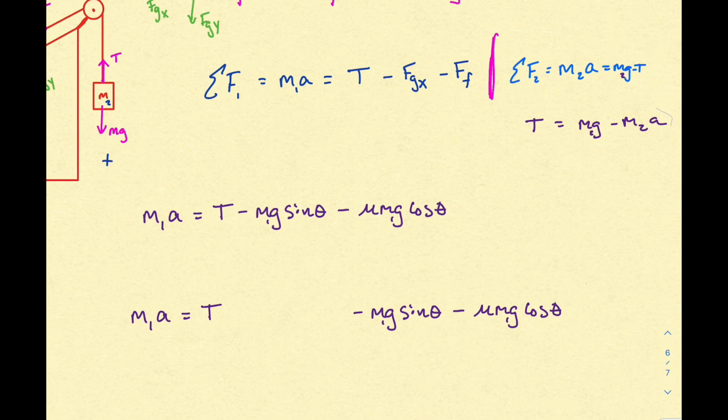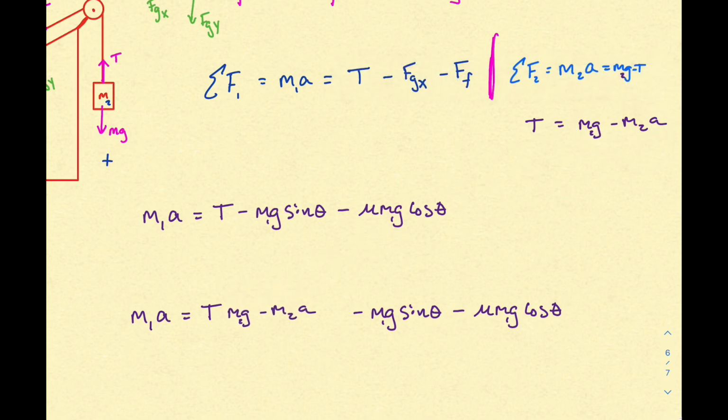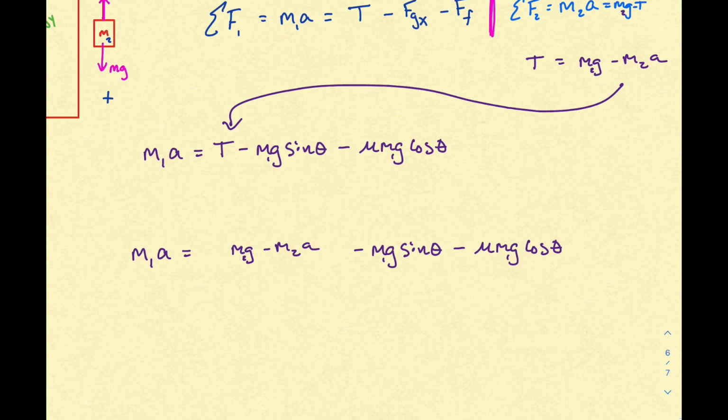So I'm going to take this term and substitute it in for this tension right here, meaning I need to get rid of that tension. Hopefully that's all right. So that's where I substituted in. I put this in right there. So that's all good. I can drop these here. I don't need those, but that goes in there.